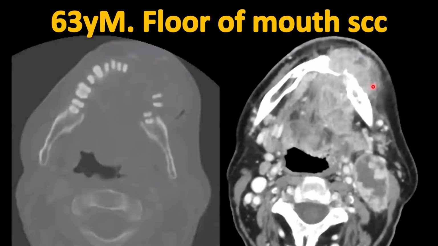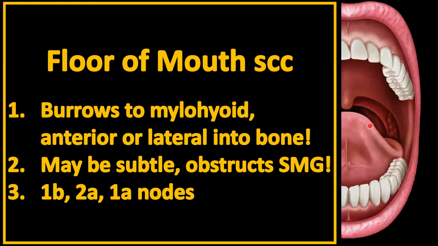You don't need to have bone algorithm windows to tell you there is clearly bone involvement here, but you're going to get them anyway to describe the full extent of bone destruction in this case with respect to the teeth, so the surgeon can plan from where to where they're going to need to do their segmental mandibulectomy. So floor of mouth tumors tend to burrow downwards towards the mylohyoid, and they burrow anteriorly and laterally into the bone.